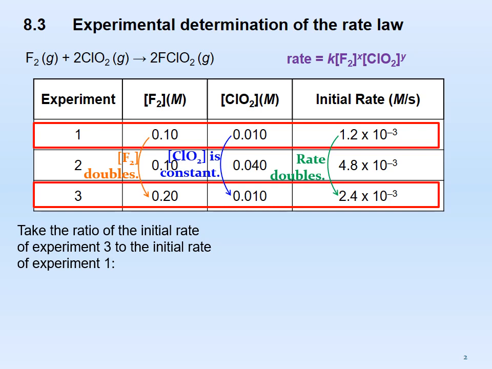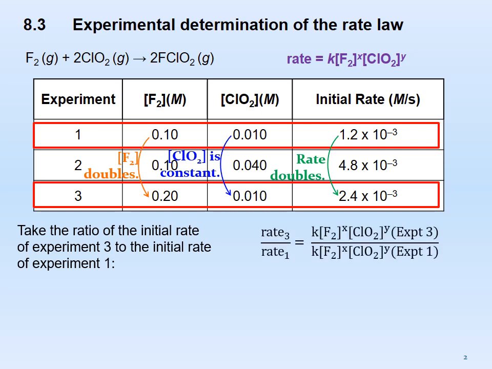That is, rate of experiment 3 divided by rate of experiment 1 is equal to rate constant times fluorine concentration for experiment 3 raised to power x times chlorine dioxide concentration for experiment 3 raised to power y, divided by rate constant times fluorine concentration for experiment 1 raised to power x times chlorine dioxide concentration for experiment 1 raised to power y.